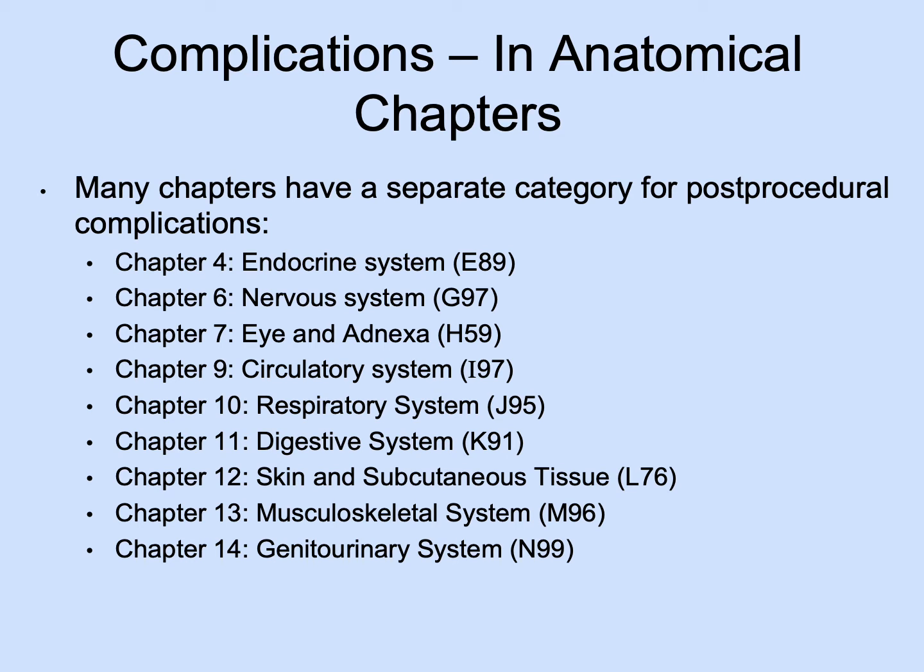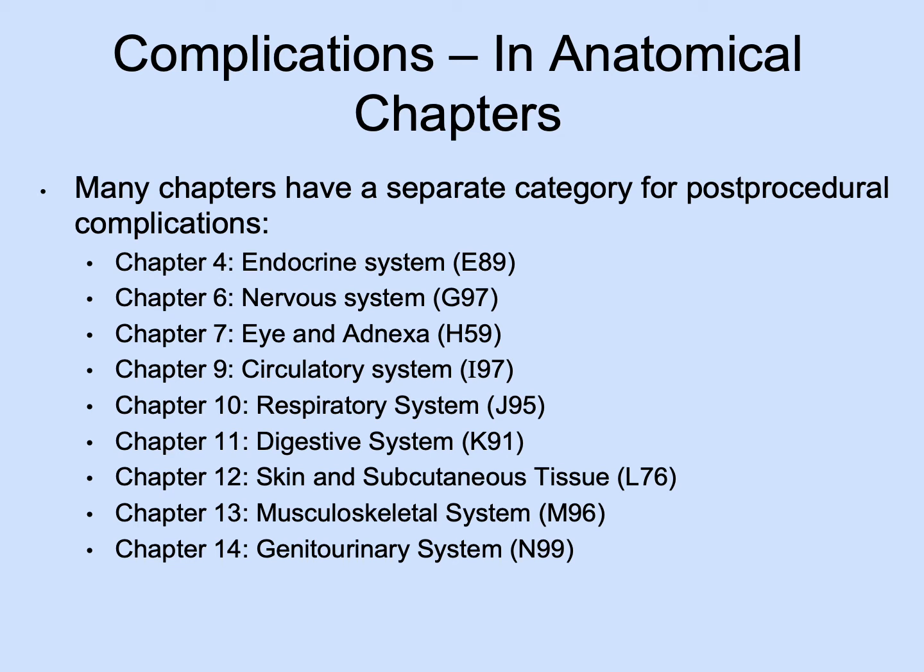Most of these have a section for intraoperative and post-procedural complications of specific body systems. List these codes first with an additional code for more specificity as needed. Codes are also included to describe when a procedure is being performed on one body system, but the complication involves a different body system.